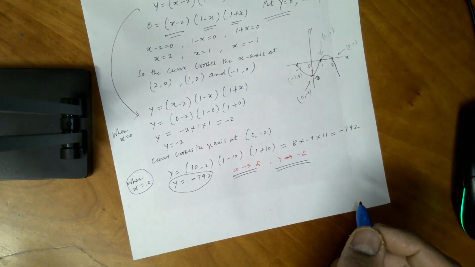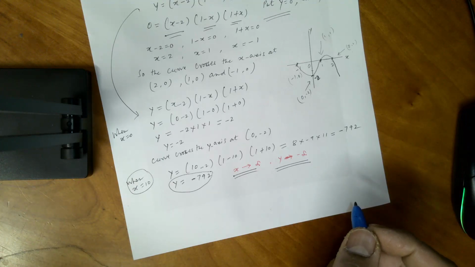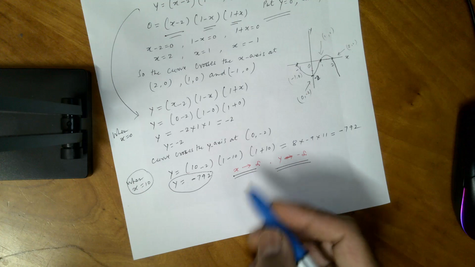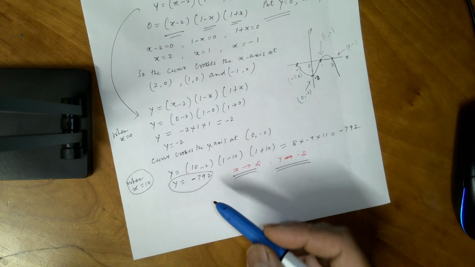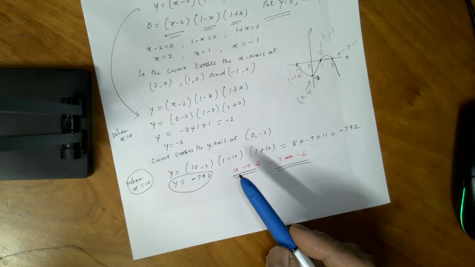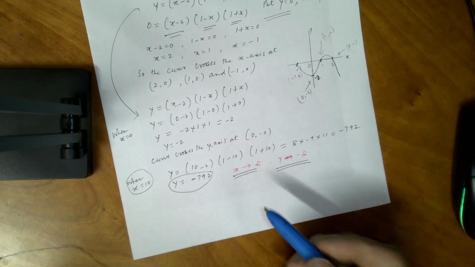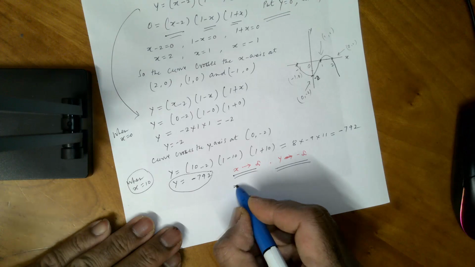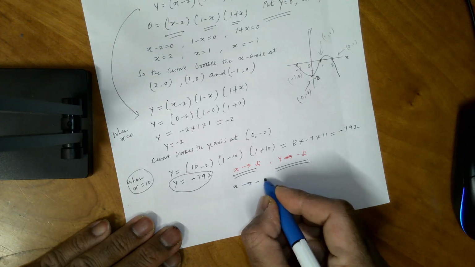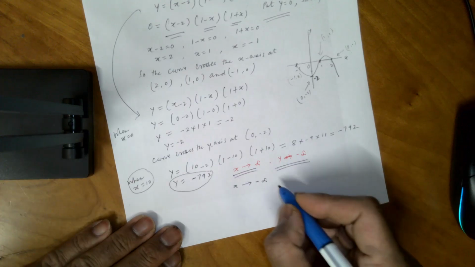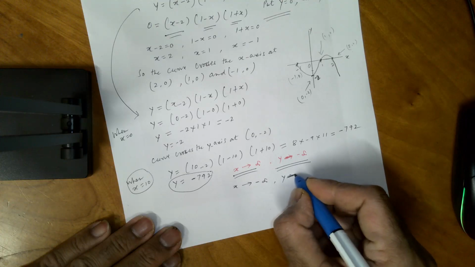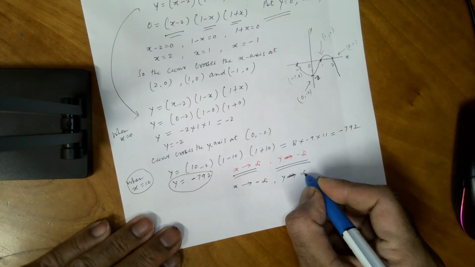Now if your x value is minus, and you can do it yourself as well, you can have any number and just substitute the value in this equation. However, the x should be minus. Then you will see that if your x approaches the minus infinity sign, then y will be positive.